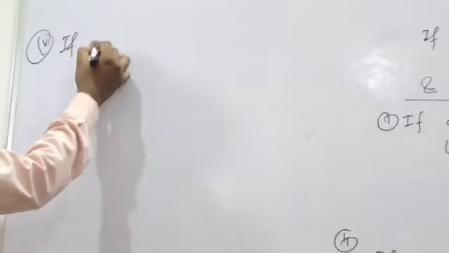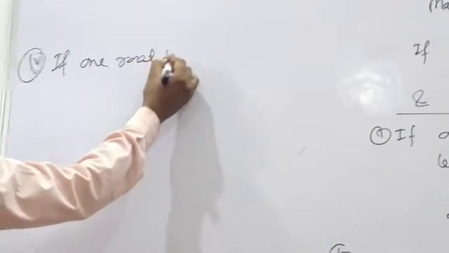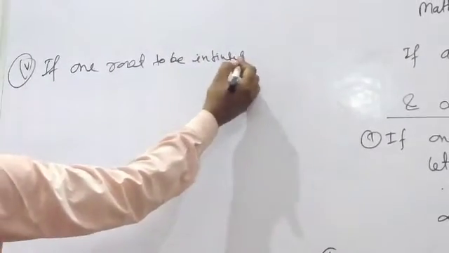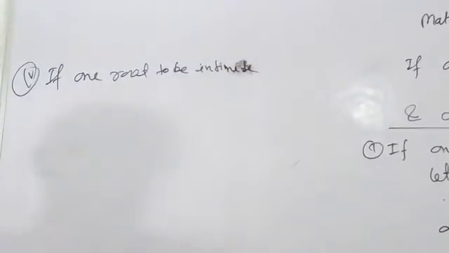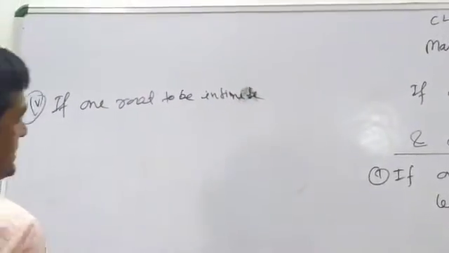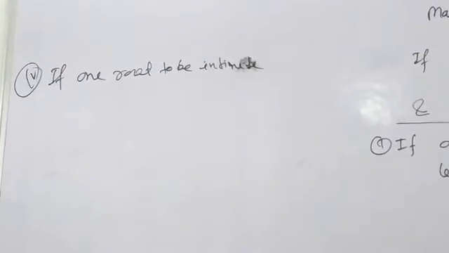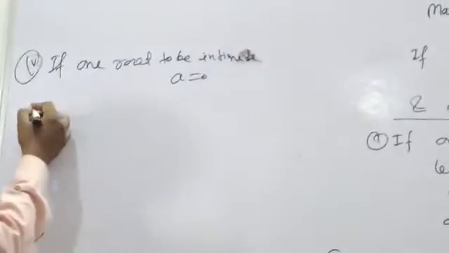Now, if one root is infinite, clear? Infinite means what? It means when one root is infinite, in this condition a is equal to 0.